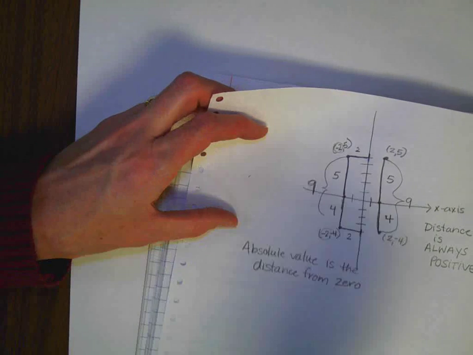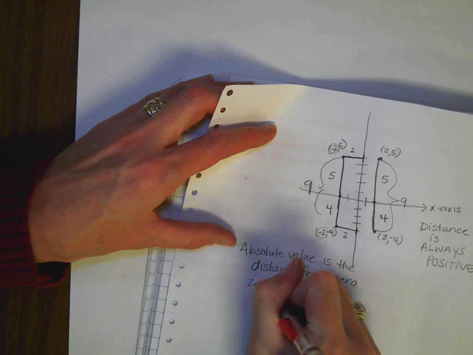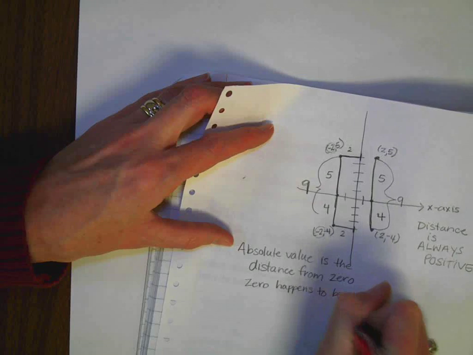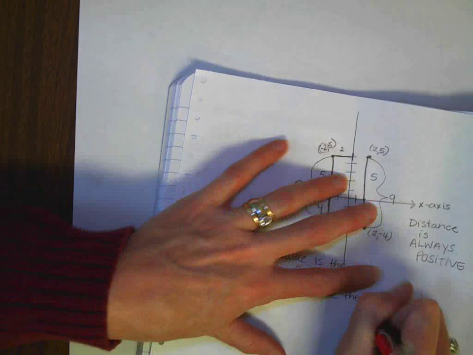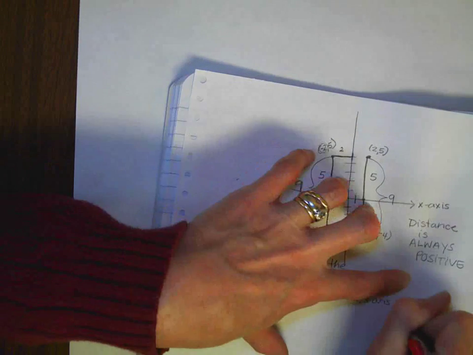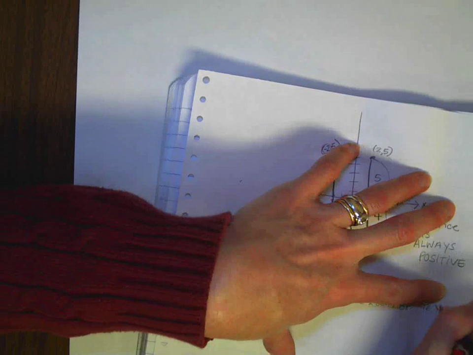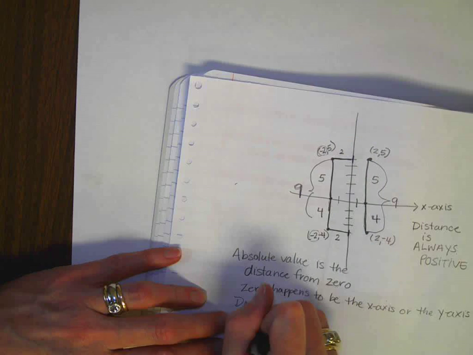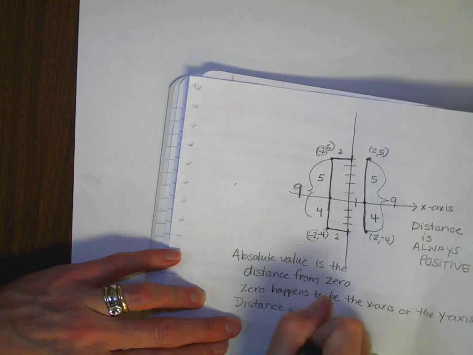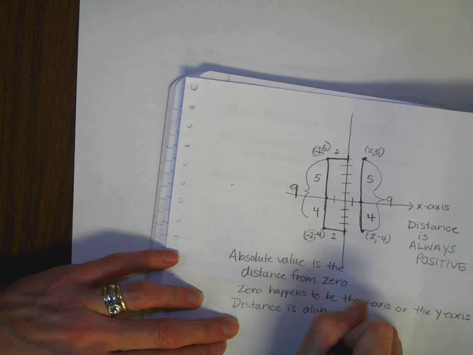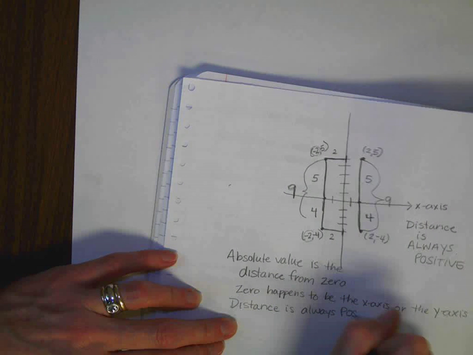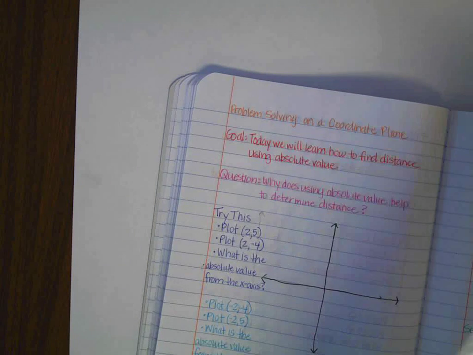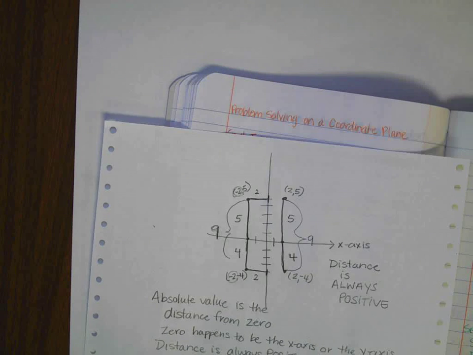And on a coordinate plane, 0 happens to be the x-axis or the y-axis when you're working on the coordinate plane. And then we also have to remember that distance is always positive, because you can't have negative distance. Always positive, okay? And that's the whole lesson.